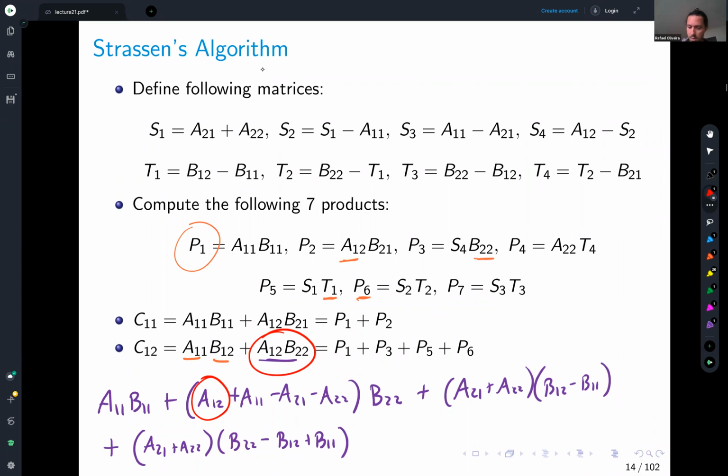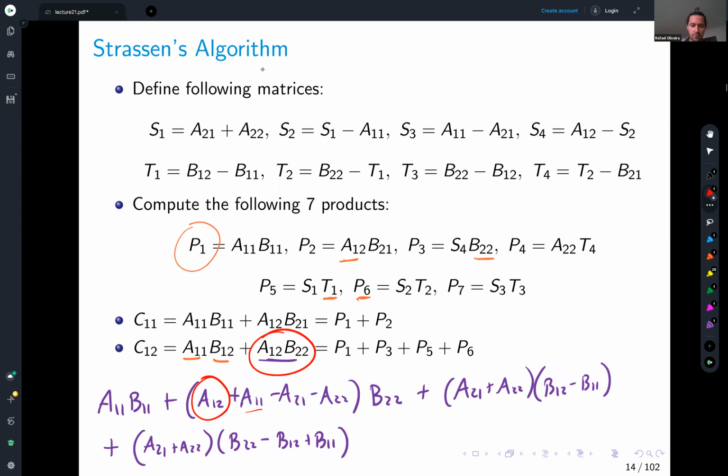Let me see. A11 is here. And then we have B22. One second, do I have it wrong here? So A12.